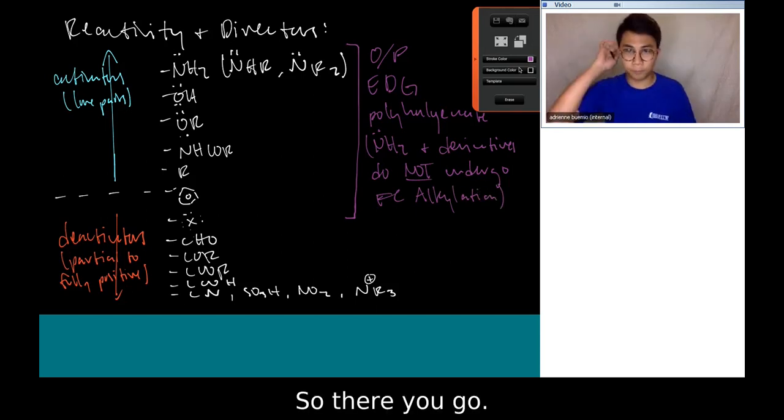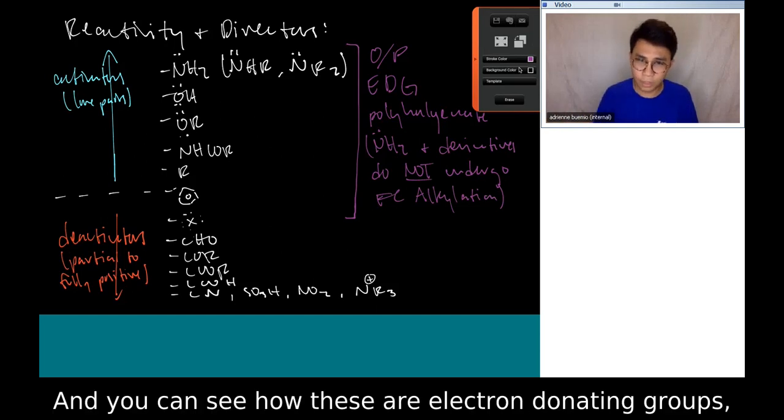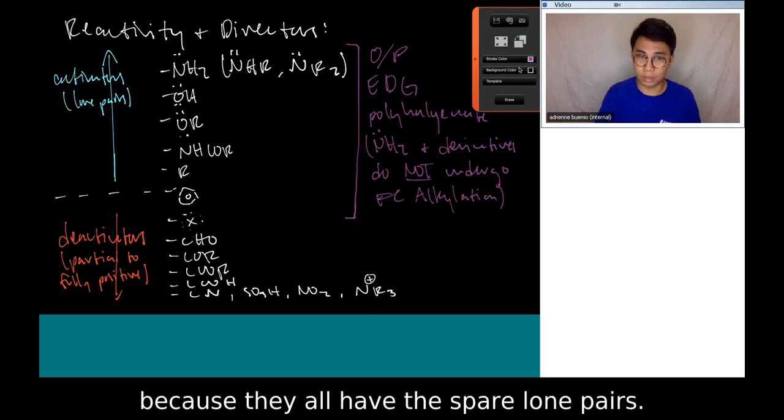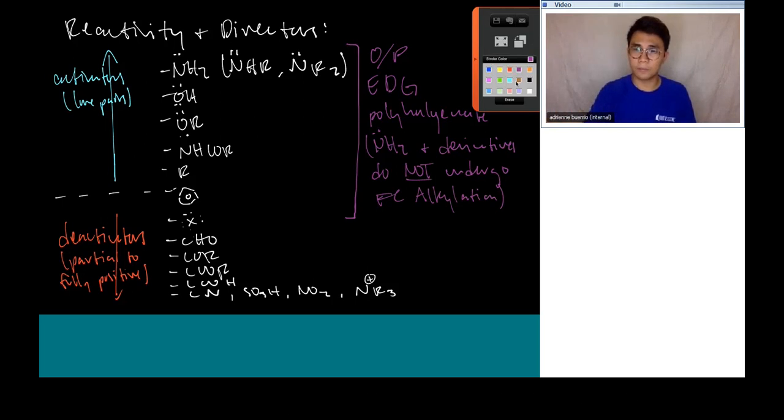So there you go, right? And you can kind of see how these are electron donating groups because they all have the spare lone pairs, right? So now let's go to the next one.